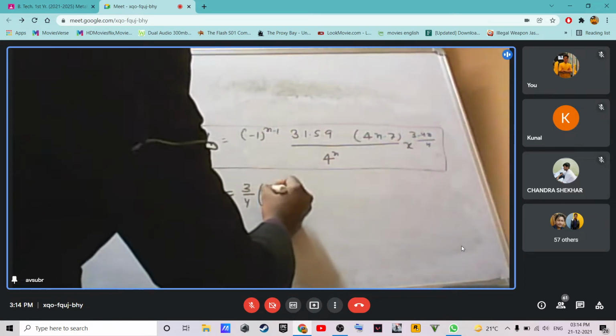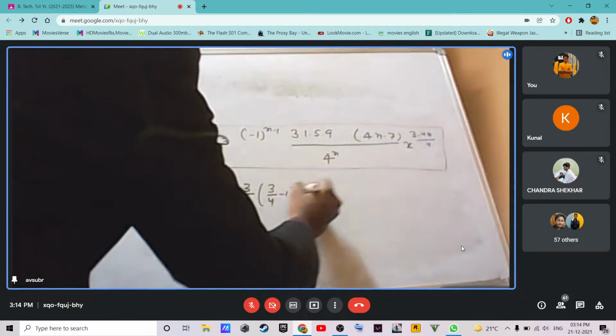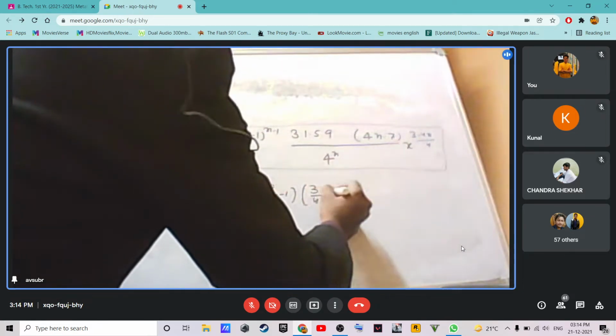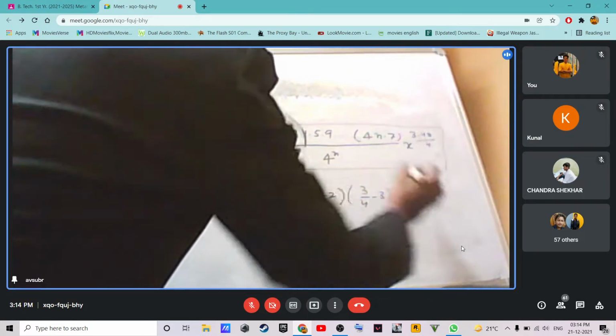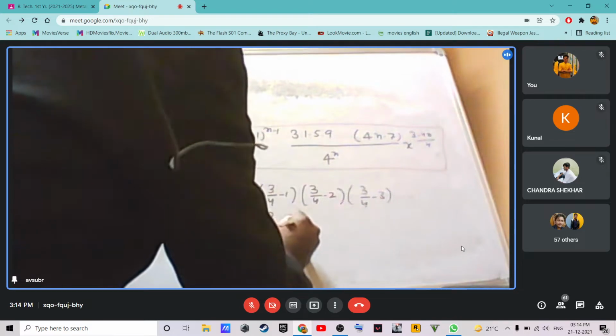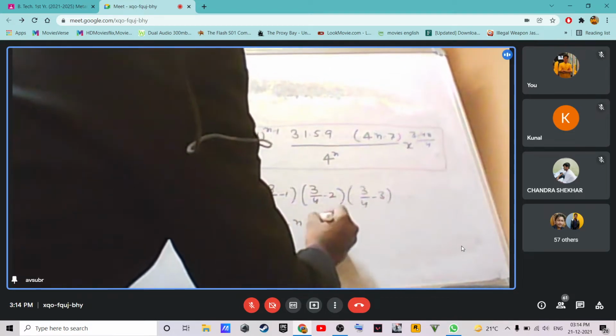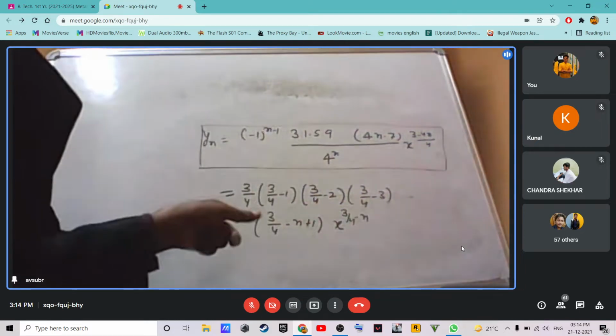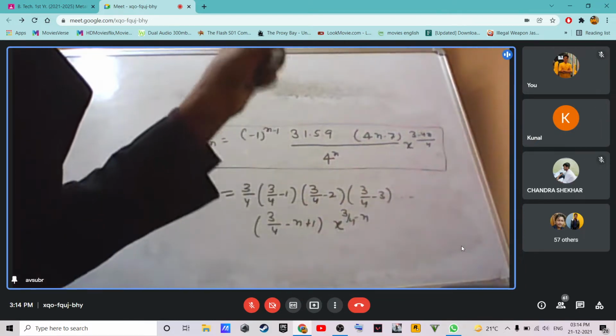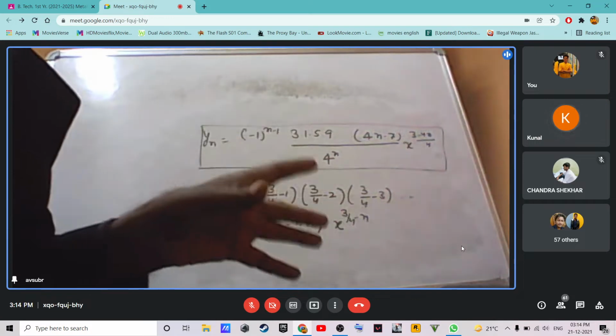This was 3 by 4, 3 by 4 minus 1, 3 by 4 minus 2, 3 by 4 minus 3, and so on and so forth. So 3 by 4 minus n plus 1, x to the power 3 by 4 minus n. This is the formula which we got just now for x to the power m. Put m equal to 3 by 4.